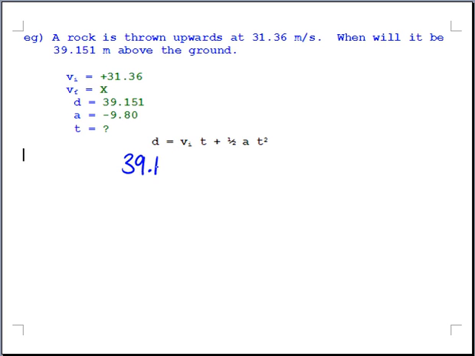So 39.151 equals 31.36t plus 1/2 AT squared times negative 9.8 times t squared. So we end up with this t and t squared, and it turns out they're not like terms. Because one is just a single t and one is a t squared, you can't just combine them. So what we actually need to do is go to our formula sheet.